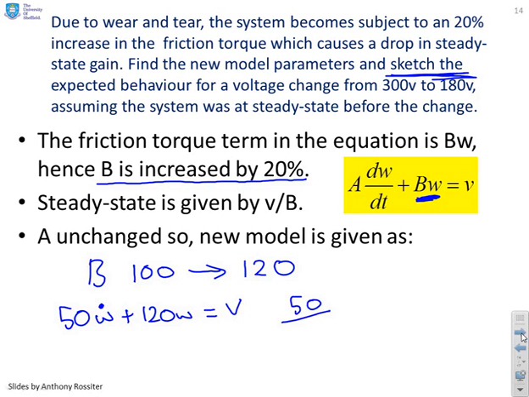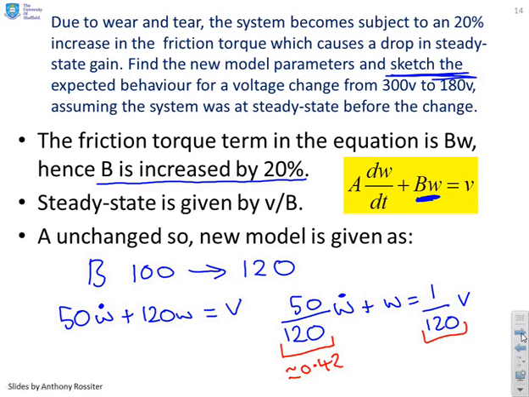I end up with 50 over 120 omega dot plus omega equals 1 over 120 into v. And therefore you can see there's my new time constant, approximately 0.42, and there's my new gain, 1 over 120.